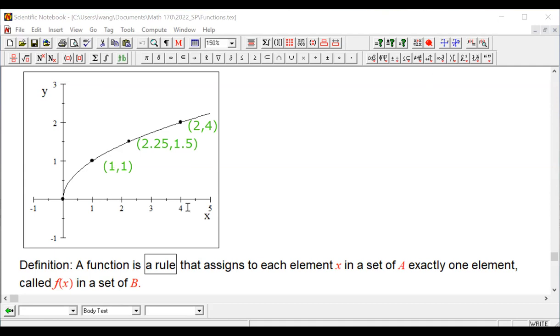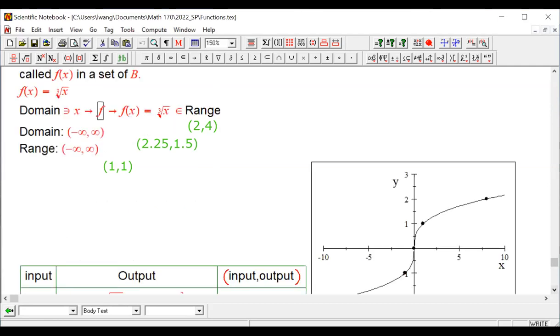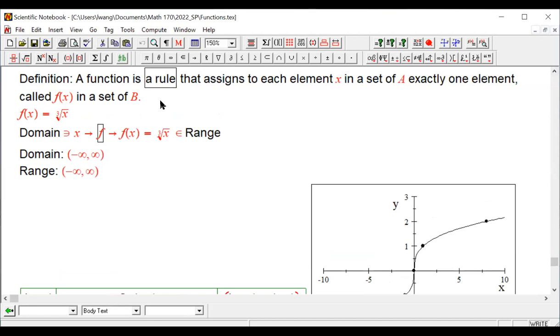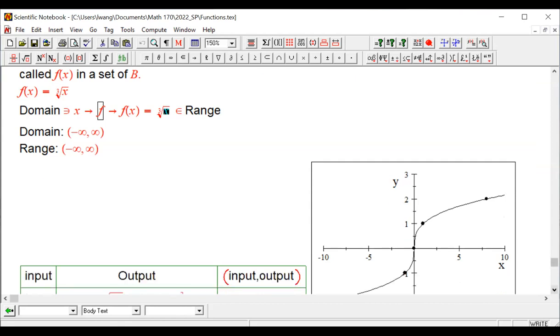Please take notes. I'm going to move forward because we have other functions to cover. Cubic root function. When you take a cubic root, you don't have complex numbers. The cubic root of -1 is -1, because -1 times itself 3 times is -1, so that's not a problem.